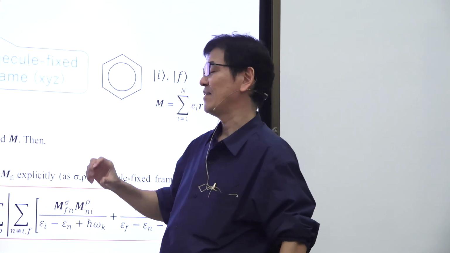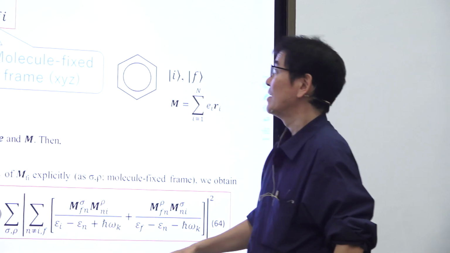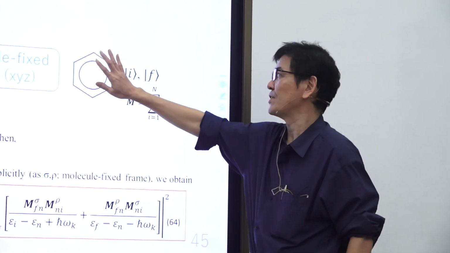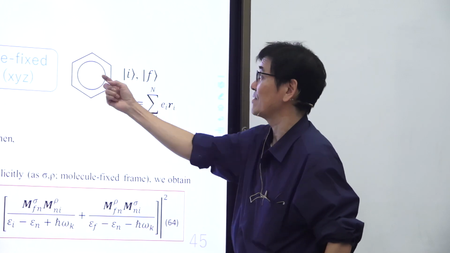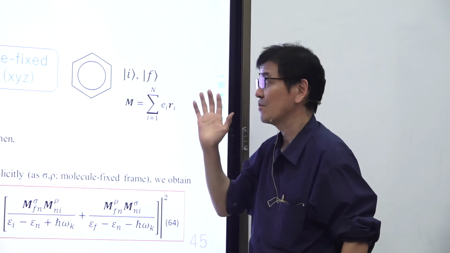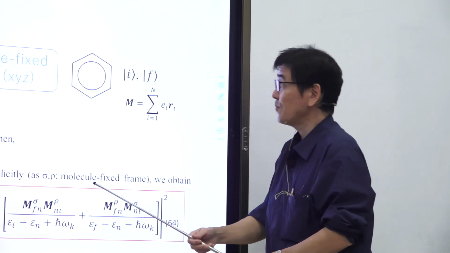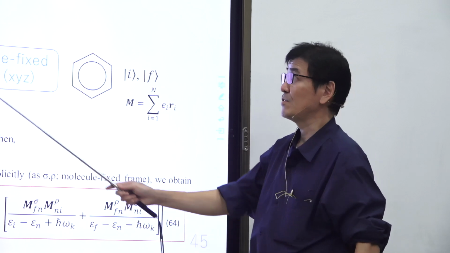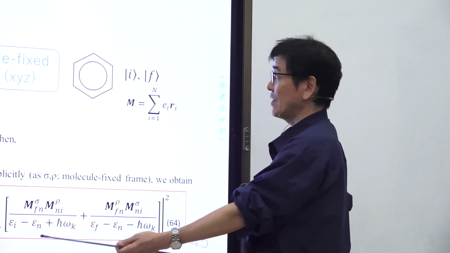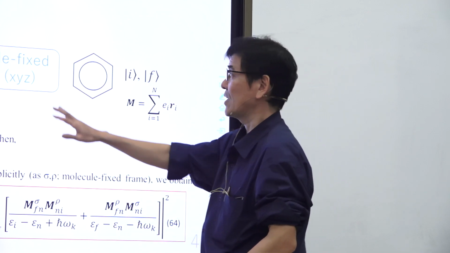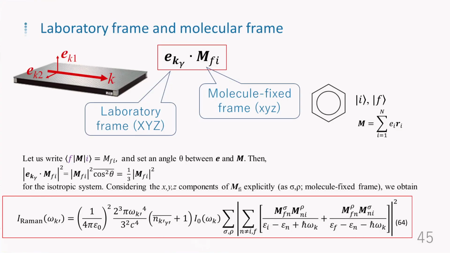We call these the x-axis, y-axis, z-axis. On the other hand, the molecule is defined in the molecular frame. We define this as the xy plane and the normal is z. There is no relationship between small xyz and large xyz. But somehow we need to obtain the inner product. Then let's consider how to describe the direction of the small xyz in this frame.